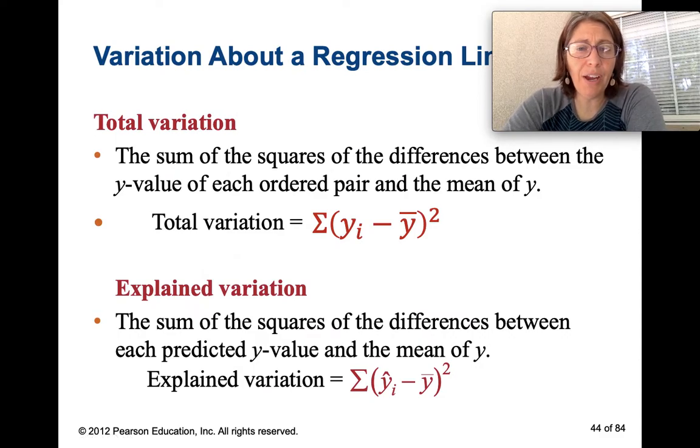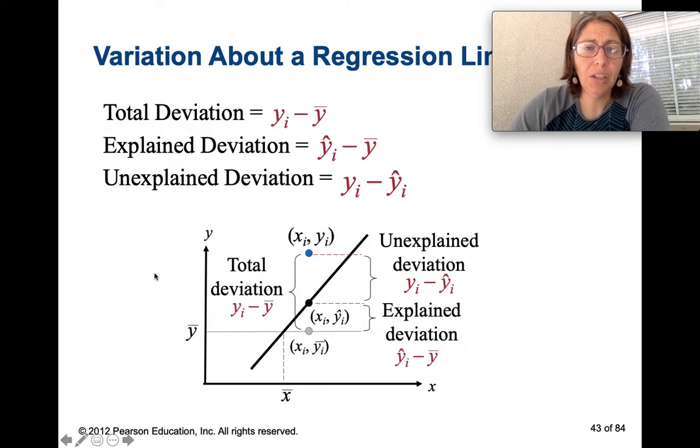Now, the total variation. The total variation is the sum of the squares of the differences between the y value of each ordered pair and the mean of y. So the total variation is the sum of the total deviation squared. Let me back up. The total deviation is y sub i minus the mean of the y's.